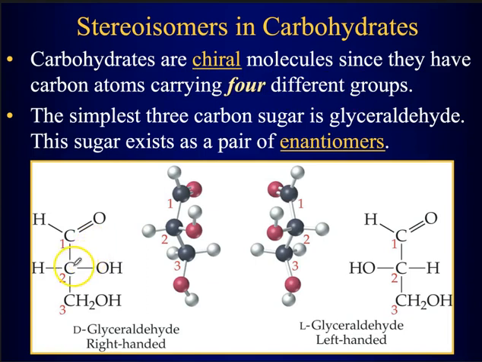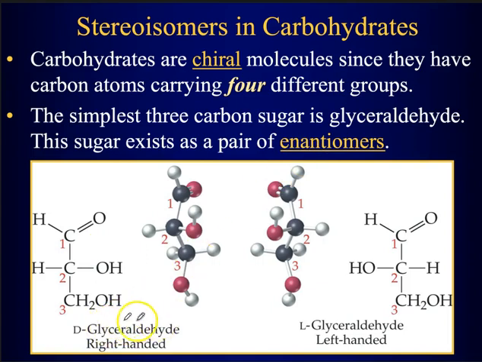If I look at this carbon here, I've got a hydrogen, an alcohol, a carbon with an alcohol, and a carbon with a carbonyl. So I've got 4 different groups hanging off this central carbon. Whenever that happens, you can create an enantiomer if you take the mirror image.